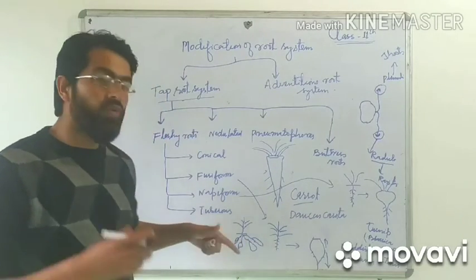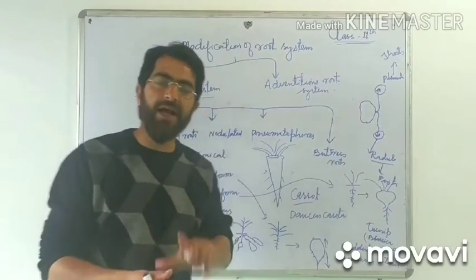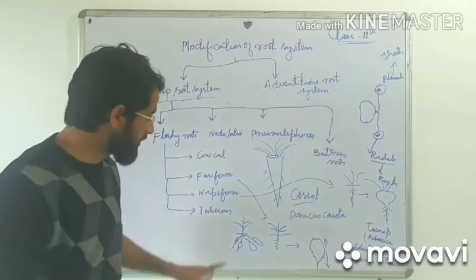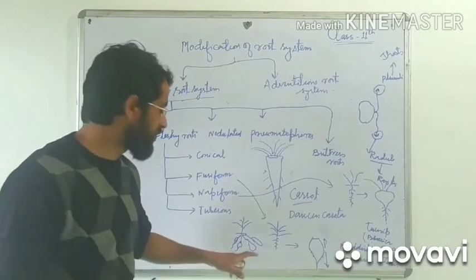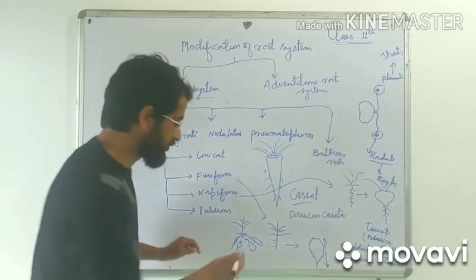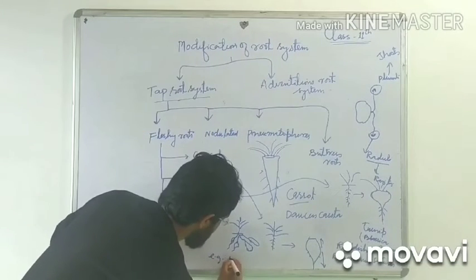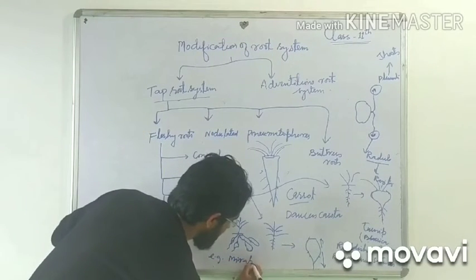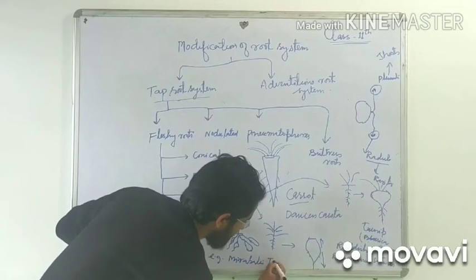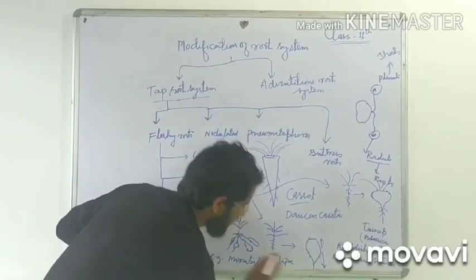That means the roots get modified and perform the function of storage but have an irregular structure. We call them tuberous roots. An example is Mirabilis jalapa.